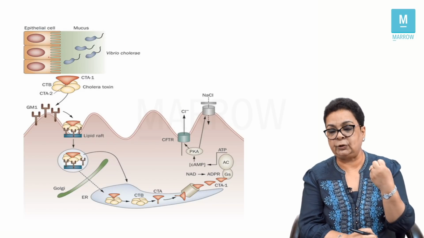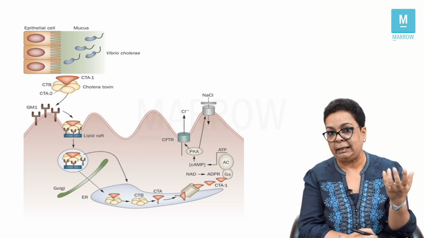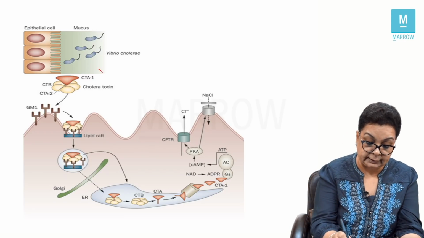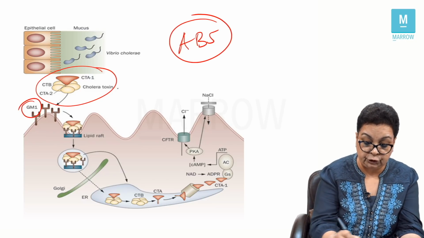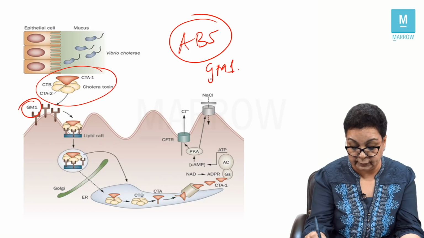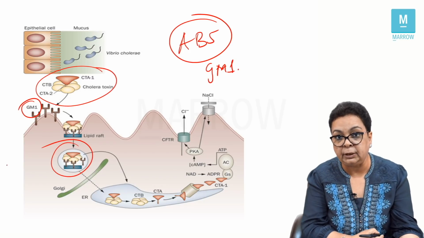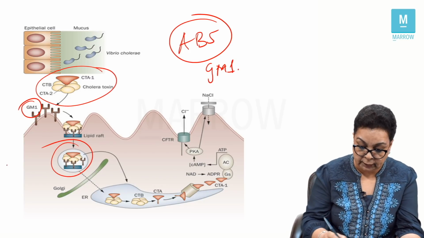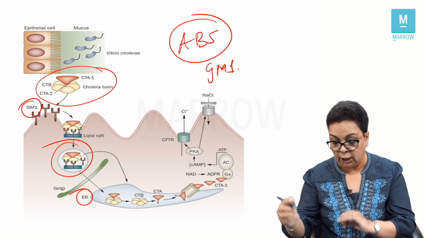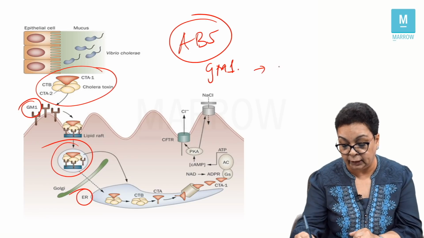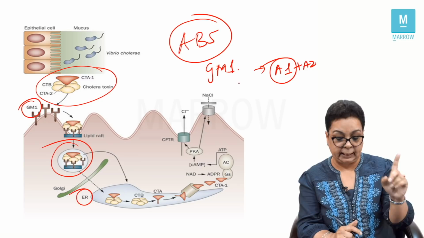Here's a diagram for us to revise the mechanism of action of cholera toxin. It's an AB5 subunit toxin which binds to the GM1 ganglioside receptors and undergoes receptor-mediated endocytosis. In the endoplasmic reticulum, the A subunit separates out and further gets split into A1 plus A2, and the actual active part of the toxin is A1.